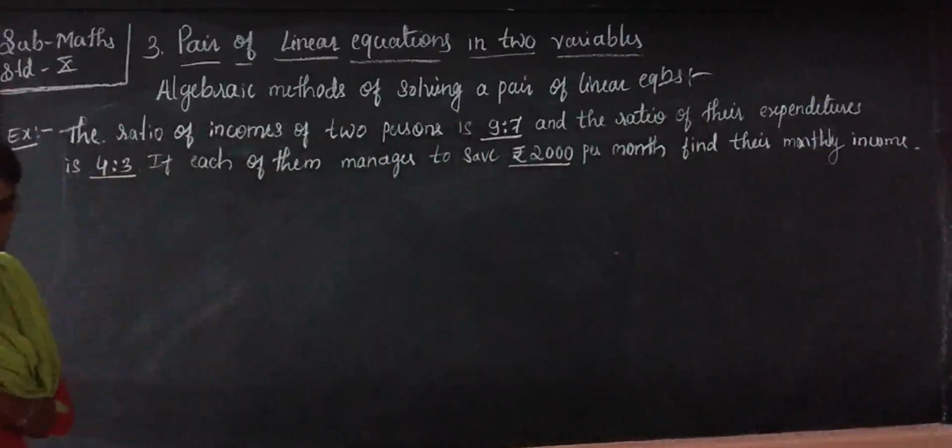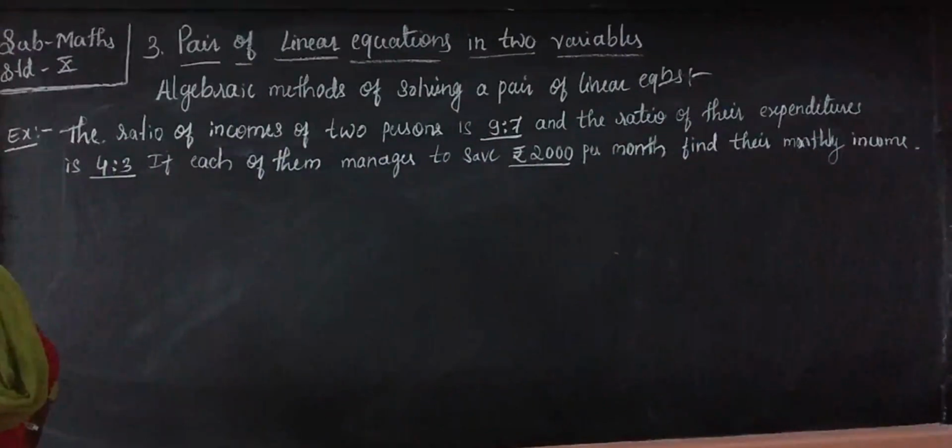Okay, so the ratio of the income and expenditure are given, and we have to find the monthly income of those two persons.